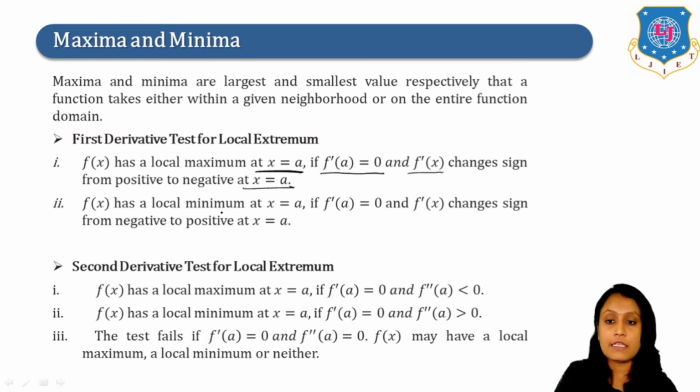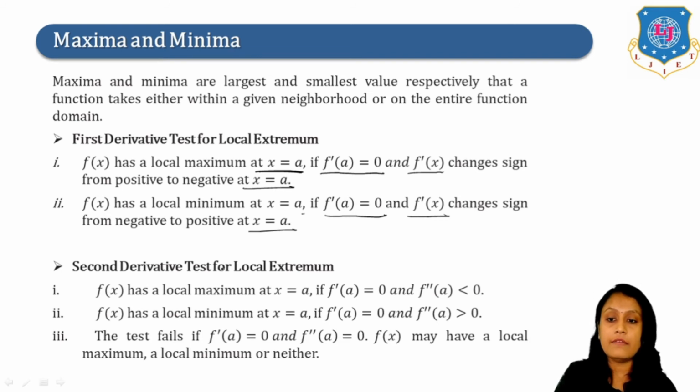Now f(x) has a local minimum at x equal to a if f'(a) is equal to 0 and f'(x) changes sign from negative to positive at x equal to a.